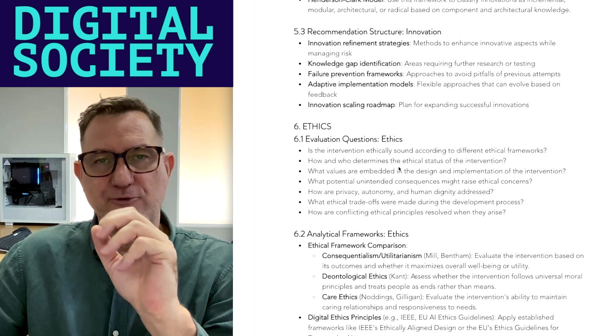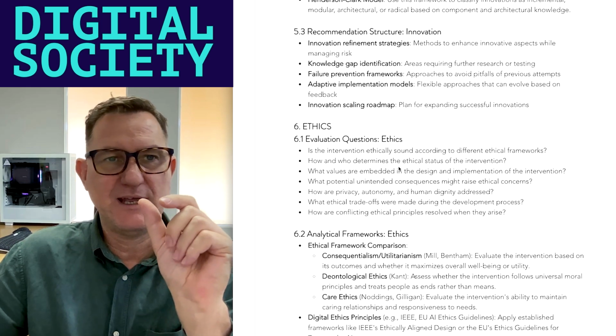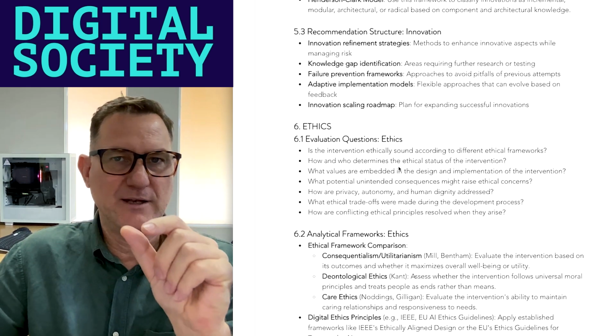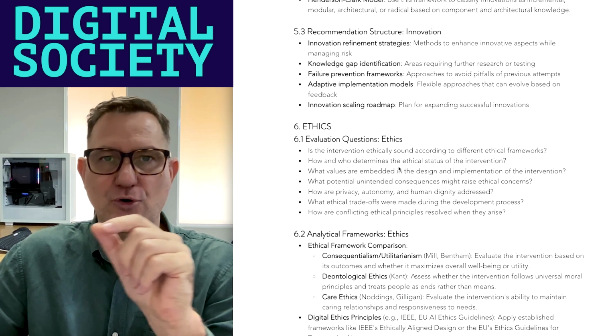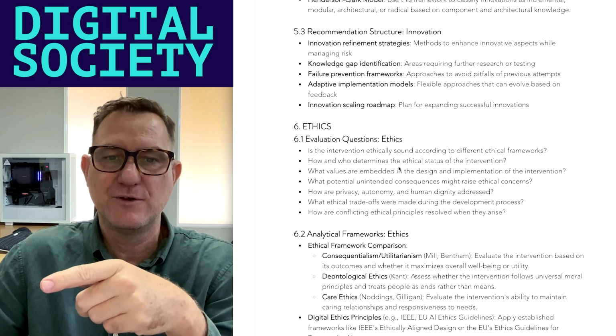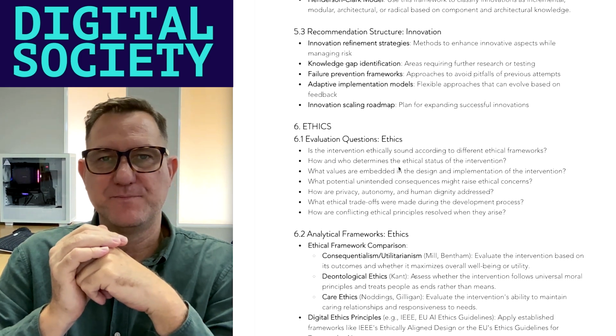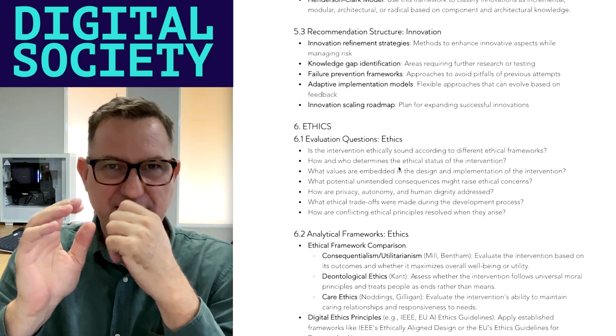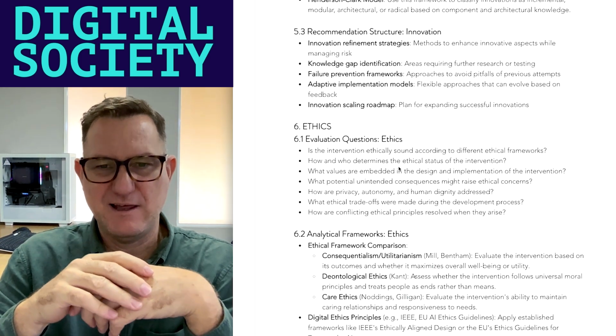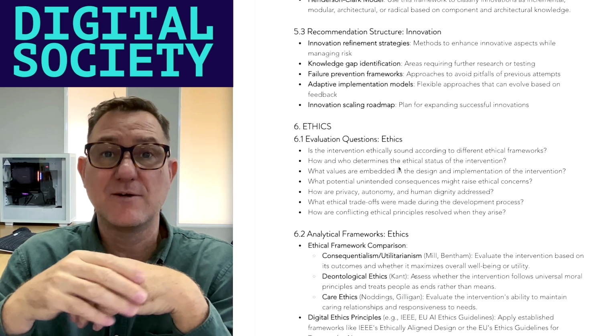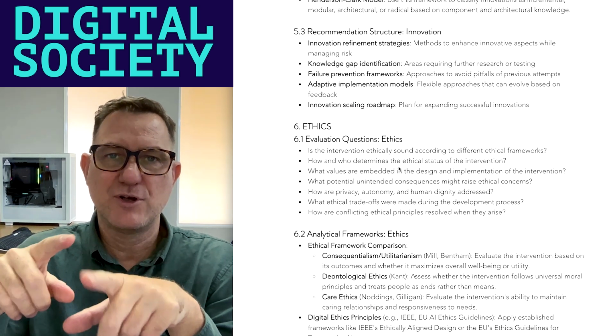Now, quite often with the exam question, it will say evaluate intervention 1 or evaluate intervention 2 or evaluate both interventions with a focus on ethics. Now, based on past patterns, they don't specifically say ethics, so they might say something like privacy. So you've got to kind of connect the dots.